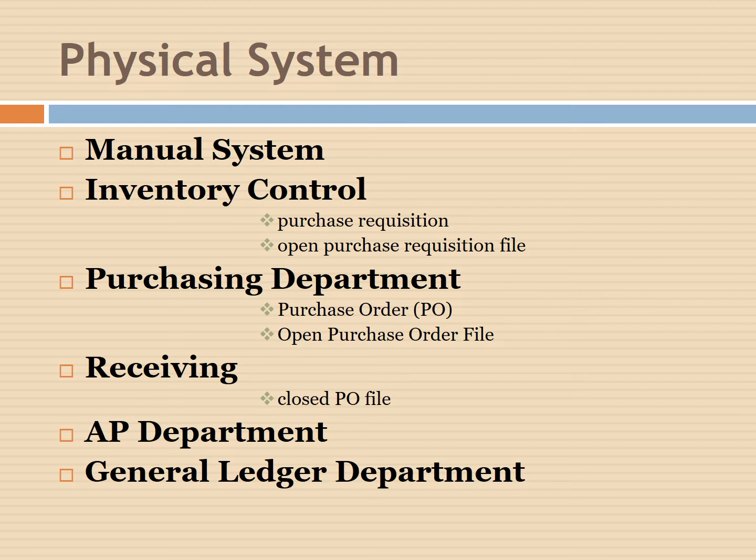One copy of the PO is sent to accounts payable for filing in the accounts payable pending file, and one copy is sent to the receiving department where it is filed until the inventories arrive. The clerk files the last copy along with the purchase requisitions in the open PO file.